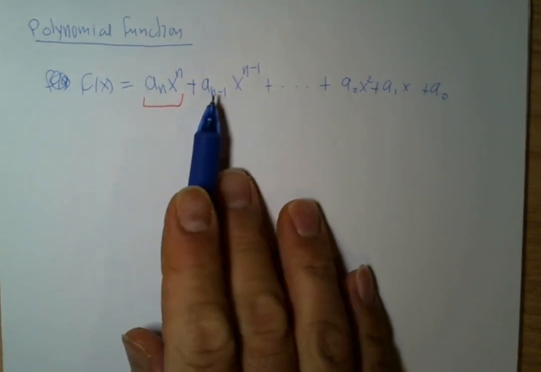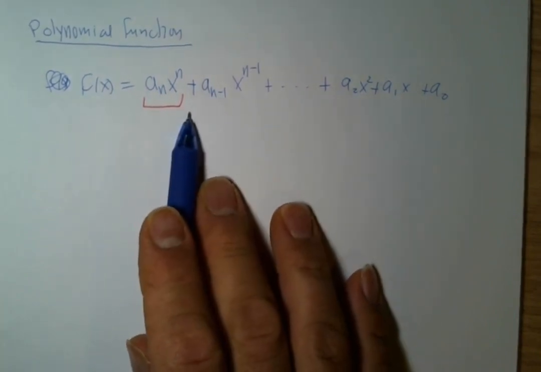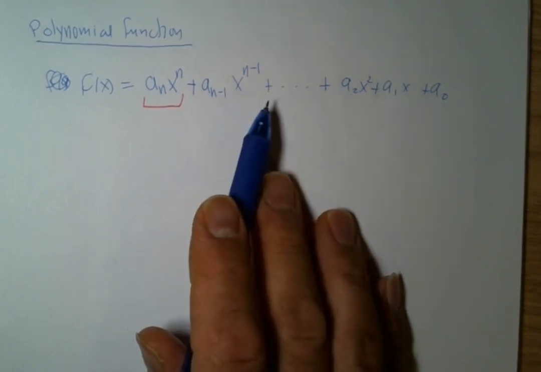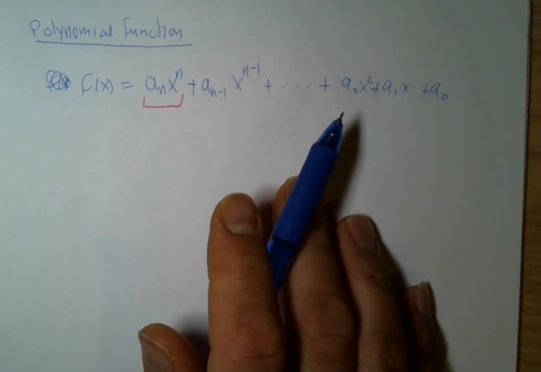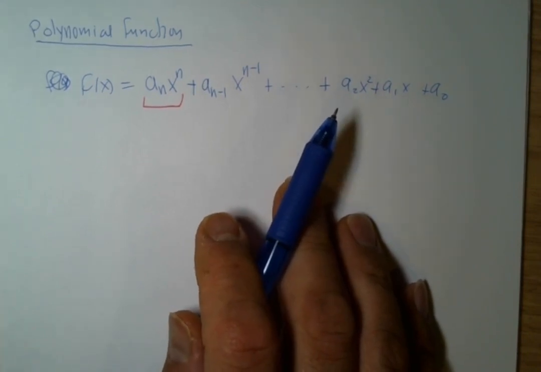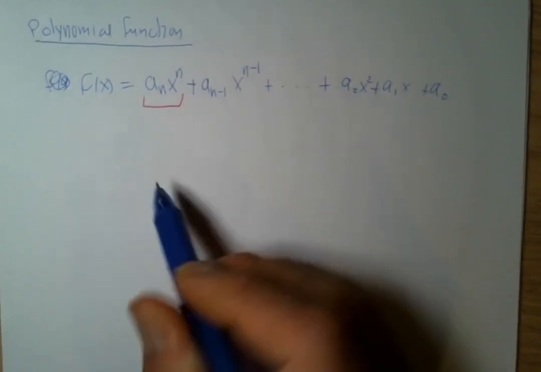In some cases, some of these coefficients may be 0. If we have something to the 3rd power, we don't necessarily need an x squared, an x, and a constant term. Some of those coefficients may be 0. Now, a couple things to define.